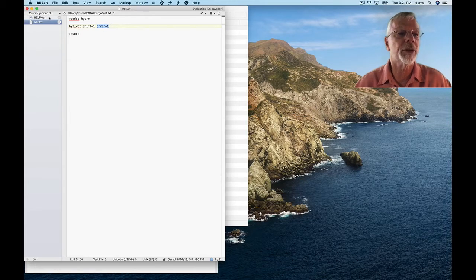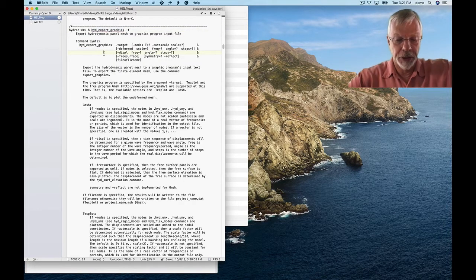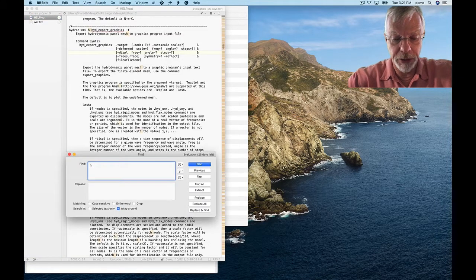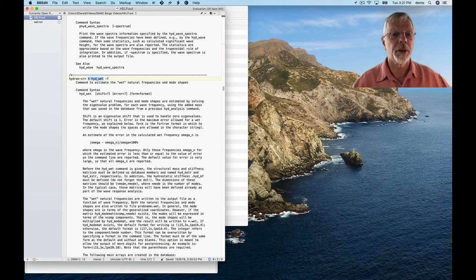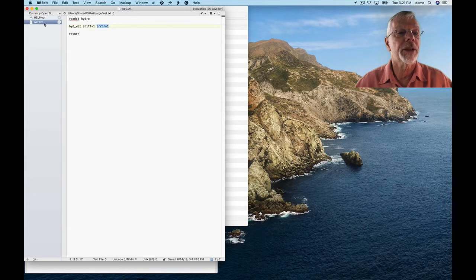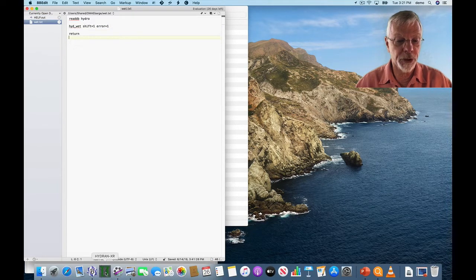And if you come here, let me search for help hide wet. You can see what the parameters mean here. So we're going to go back to here. So that's it. So let's look at the output we get for this thing.